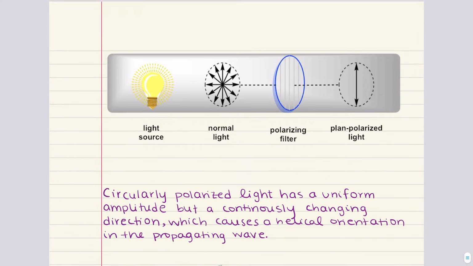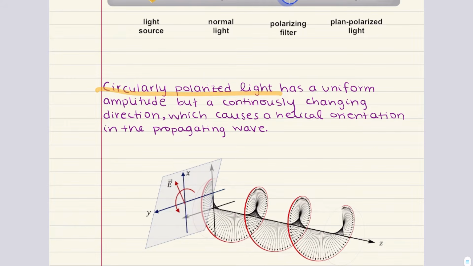What about circularly polarized light? This is another type of polarized light, but it differs from plane polarized light in how its electric field behaves. In circular polarization, the electric field has a constant amplitude, but it is continuously changing direction in a circular or helical pattern as the wave propagates.